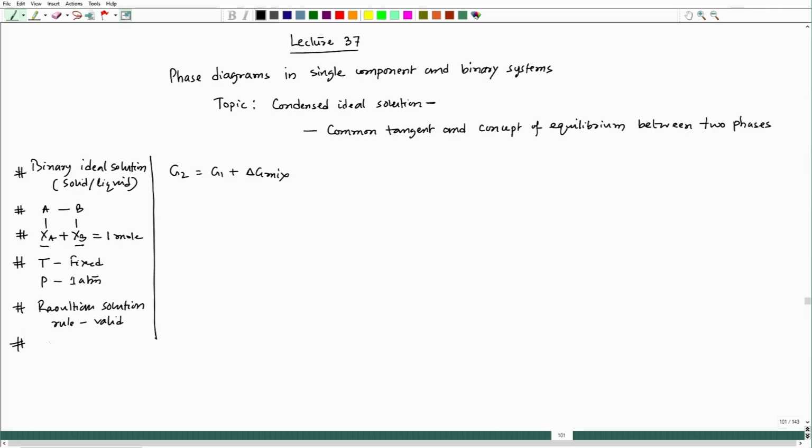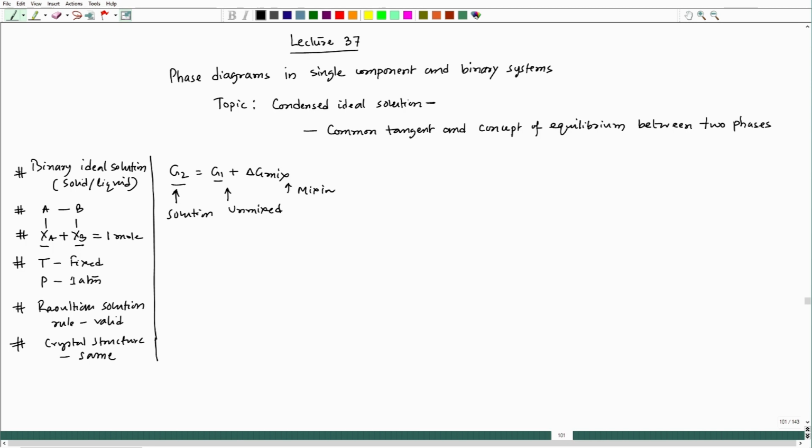Let us say we take the structure, whether it is FCC or BCC, let us take the crystal structure is also same for both the metals. Okay. So, these are the conditions we have imposed, and G2 is basically for the solution, and G1 is basically for the unmixed condition, and this is basically the mixing quantity.